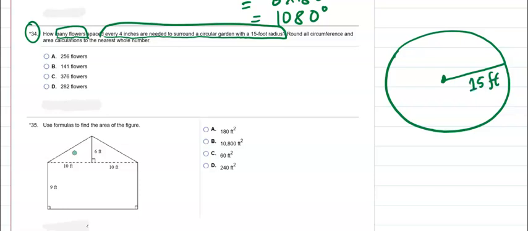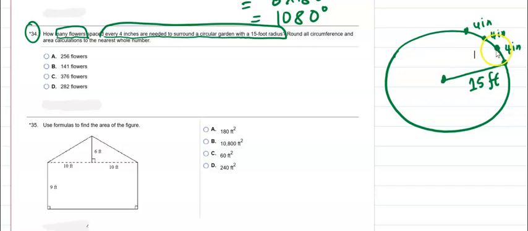So what we're going to do here is put a flower here, flower here, flower here, and every 4 inches, 4 inches, 4 inches gap. So you're going to put the flowers on this circular garden with a 15-foot radius. The question asks how many flowers you want to put around the circumference of this circular garden.